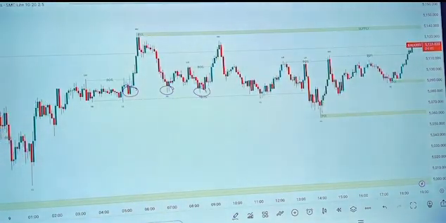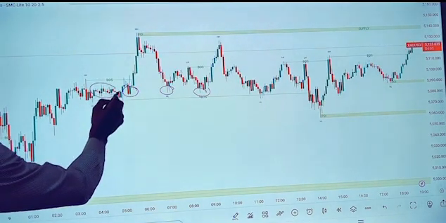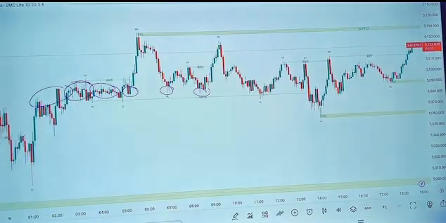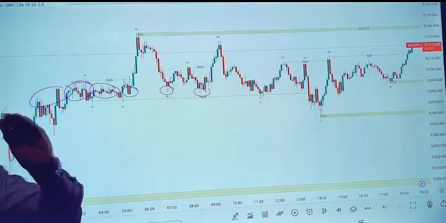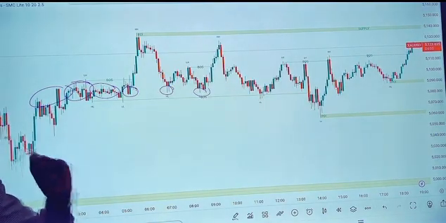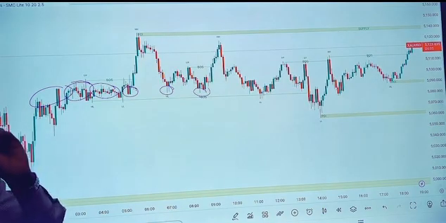In support and resistance, these rejections also matter. Anytime you see the price rejecting in a certain zone several times, that zone is a key zone, and the price will find it difficult to break it.